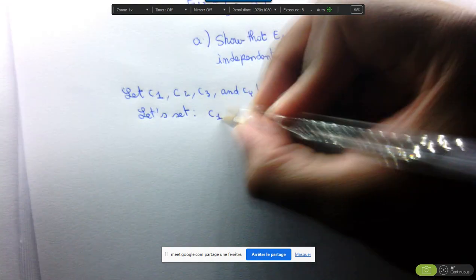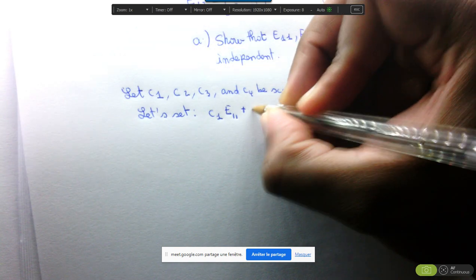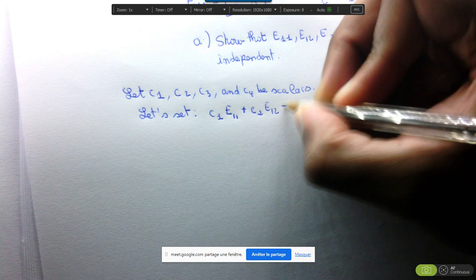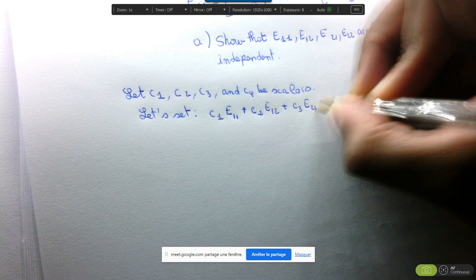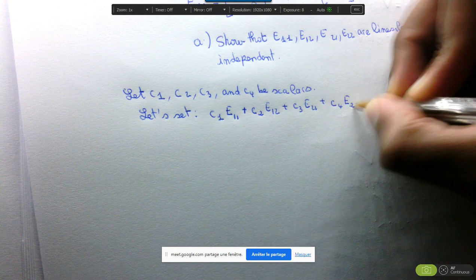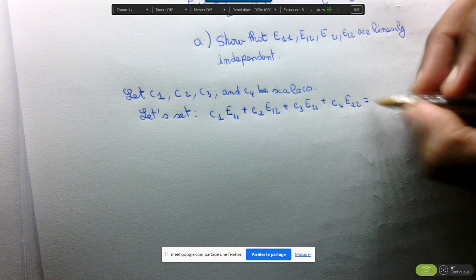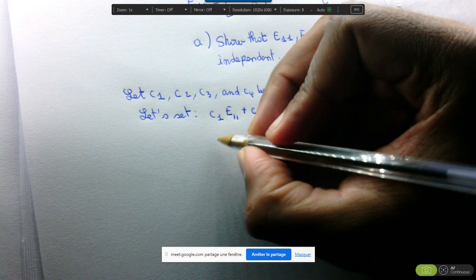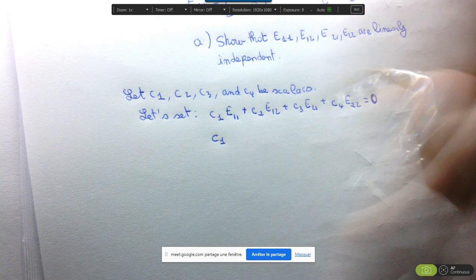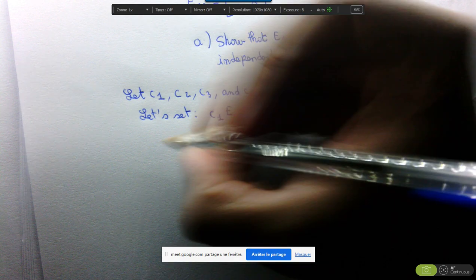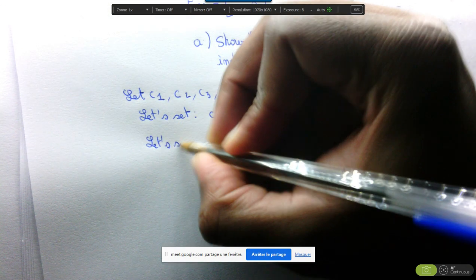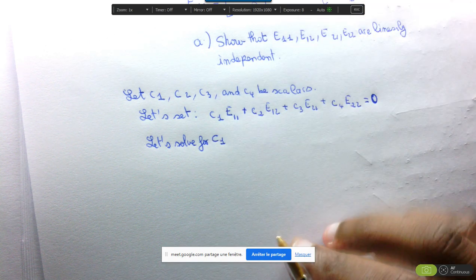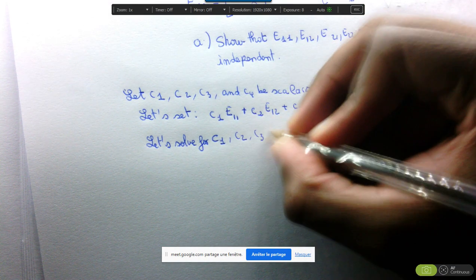So let us set the following: C1 E11 plus C2 E12 plus C3 E21 plus C4 E22 equals the 0 matrix. Let's solve for C1, C2, C3 and C4.